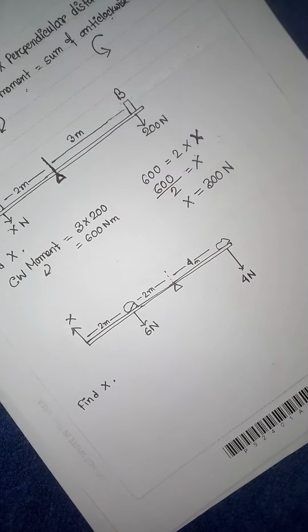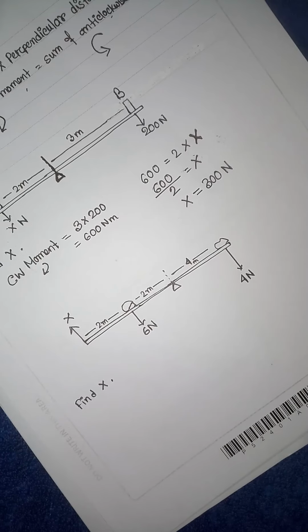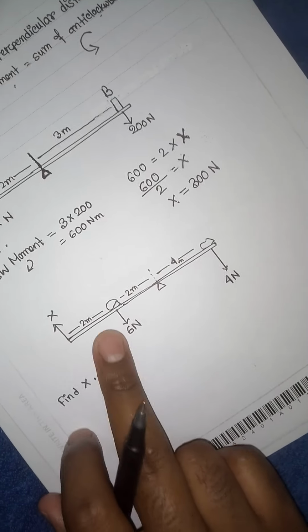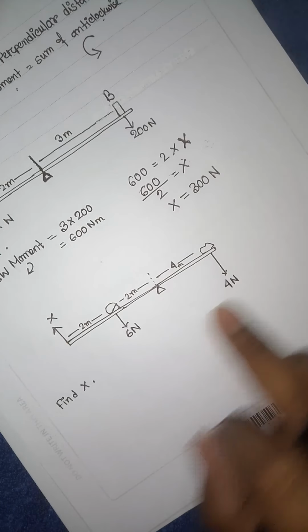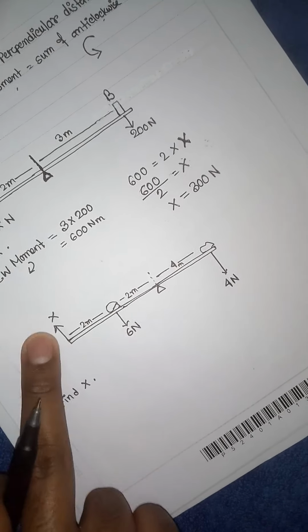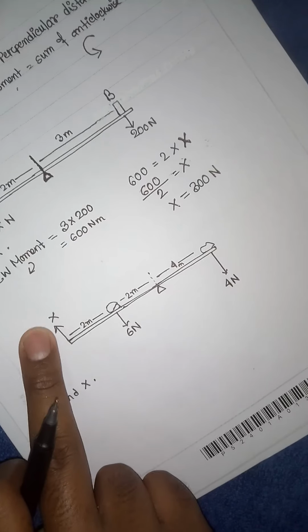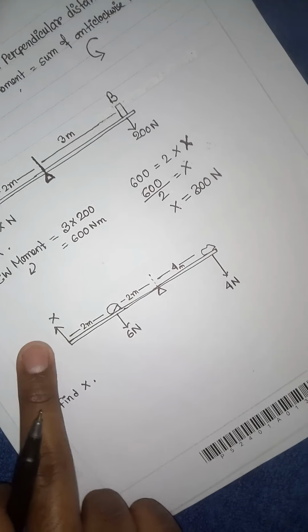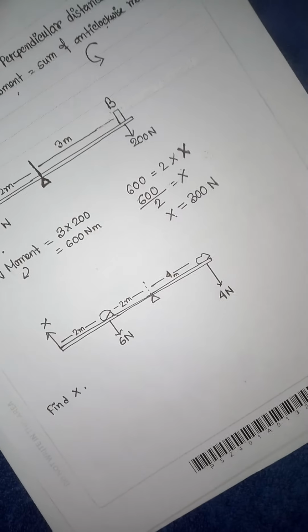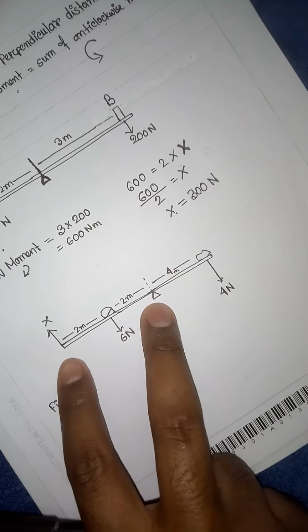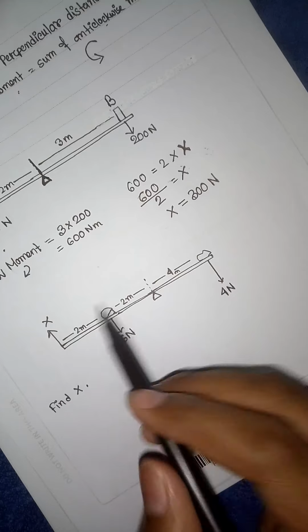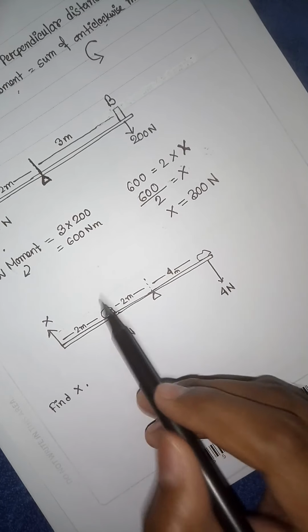Okay, now this is another question. A rock is given with a 6 Newton force, another rock is given with a 4 Newton force, and this x is unknown here. You can imagine that from the pivot line this x is acting at a 4 meter distance.